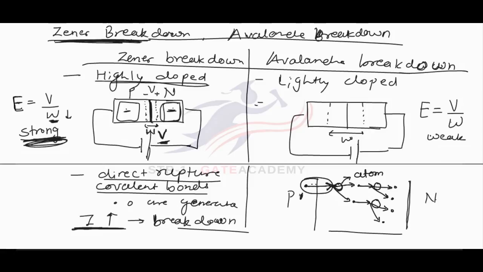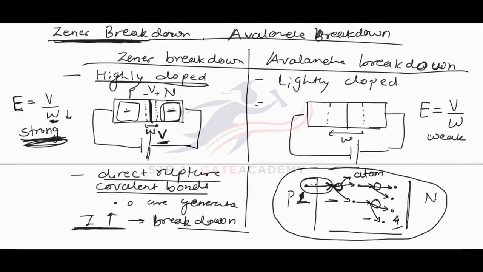We started with only one electron and now we have four electrons. So in this process, we are generating the charge carriers gradually, collision after collision. This is called avalanche multiplication, and if charge carriers are generated due to avalanche multiplication, the breakdown is called avalanche breakdown.